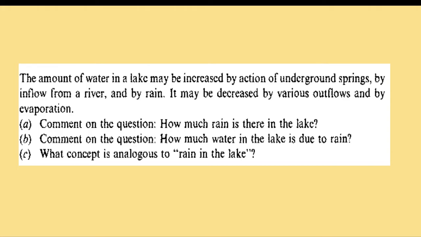It may be decreased by various outflows and by evaporation. That means there can be outflow from the lake as well as it can be evaporated. So the question is simple. Comment on the question. How much rain is there in the lake? Can you say how much rain is there in the lake?